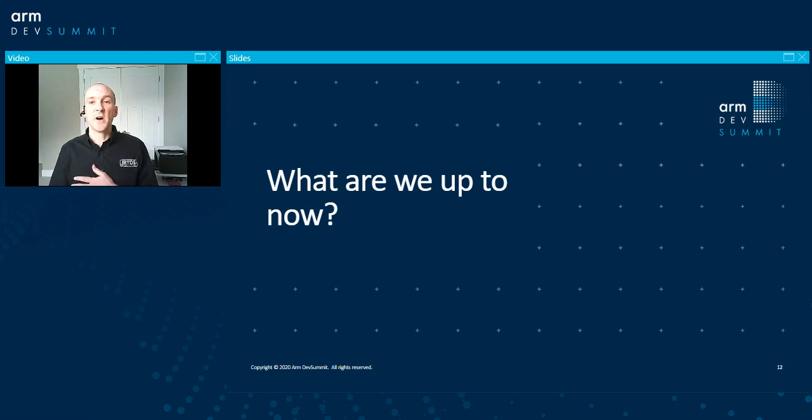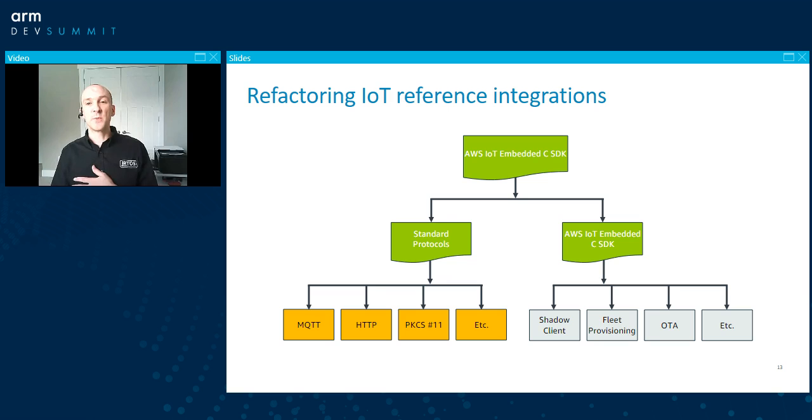So swiftly moving on, because I want to get to Steve, I'm going to talk a little bit about what we are up to now. This slide here is showing some of the work we are doing to take a lot of that value that Amazon are adding, which I've just been talking about, and move it directly into the main FreeRTOS distributions. If you go to the AWS GitHub rather than the FreeRTOS one, you will find these reference integrations.